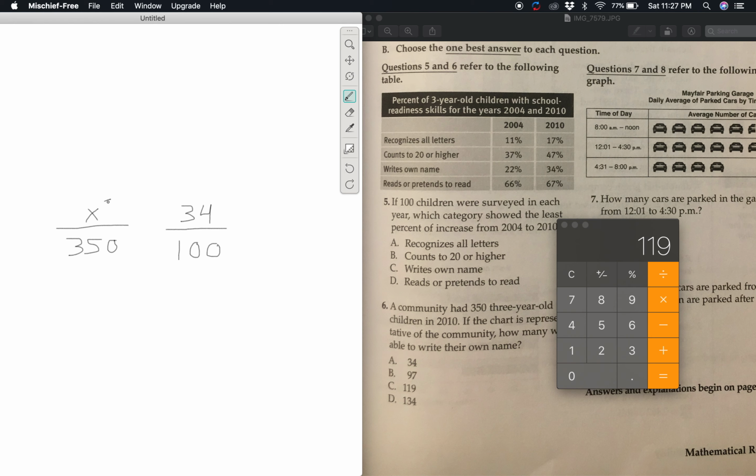So 119 is equivalent to 34%, and 350 is equivalent to 100% of those 350 kids. So that's your answer: 119 could write their own names.